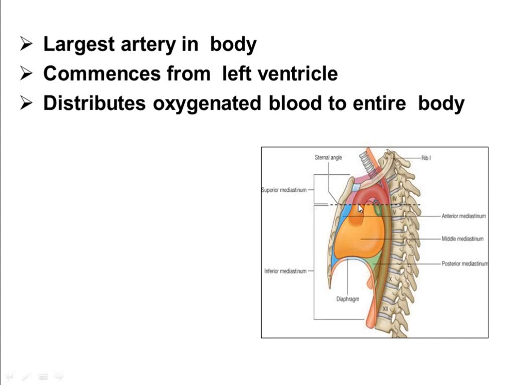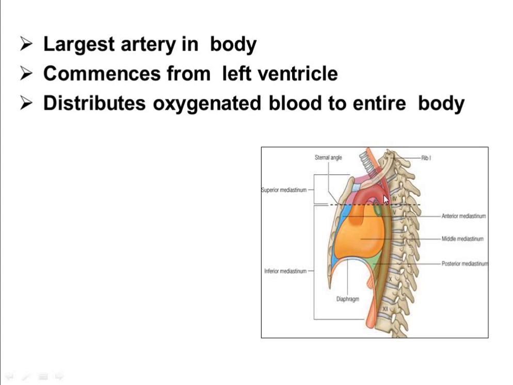Then it ascends and goes to the superior mediastinum, where it's forming the arch of aorta. This arch of aorta gives major vessels within the superior mediastinum, that is the brachiocephalic trunk, the left common carotid, the left subclavian.